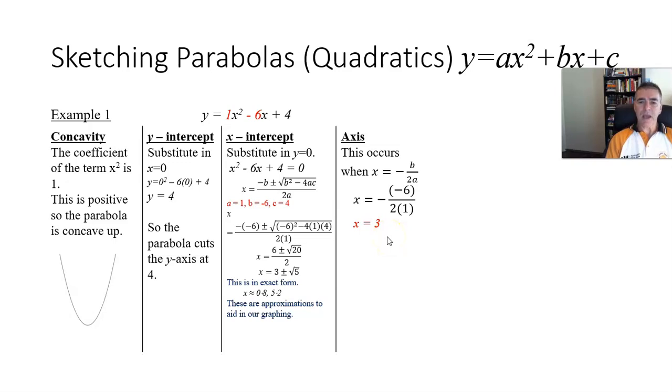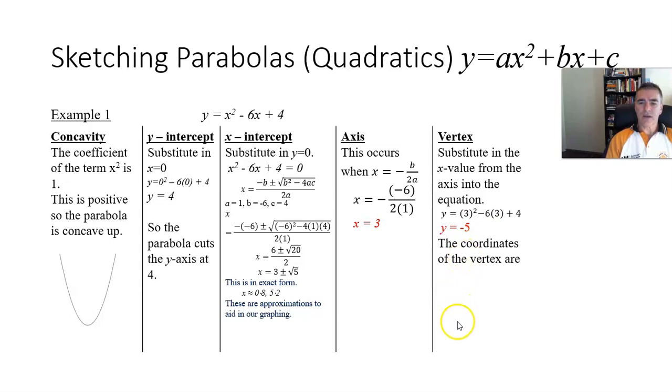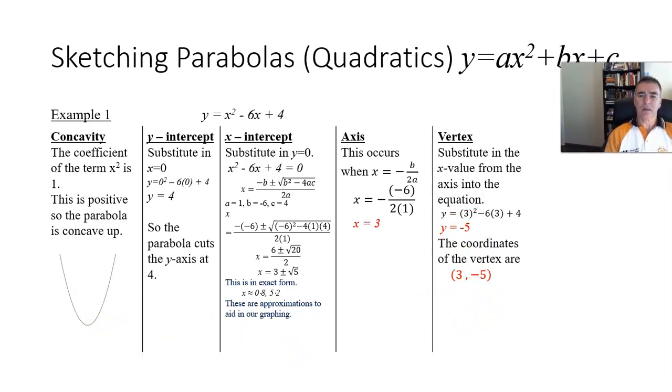And then what we want to do is substitute x equals 3 into the equation, and that will tell us our y value. So we substitute that in, y equals negative 5, so the coordinates of our vertex are 3, negative 5, our x value 3 and our y value of negative 5. So now we've got our 5 things that we need to be able to do our sketch.